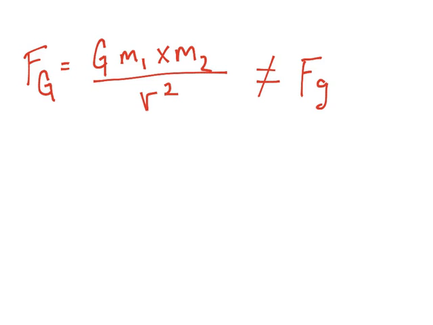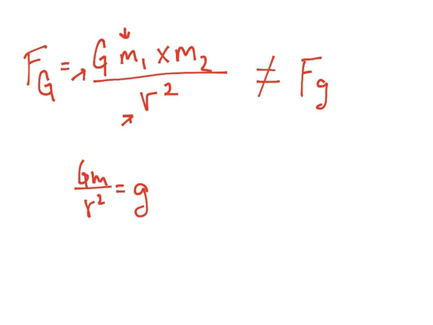But this is related because all they did to find G was to move everything else over, because this is a constant, it doesn't change. The mass of the Earth is pretty constant, and how far we are from the center of the Earth is also very constant.